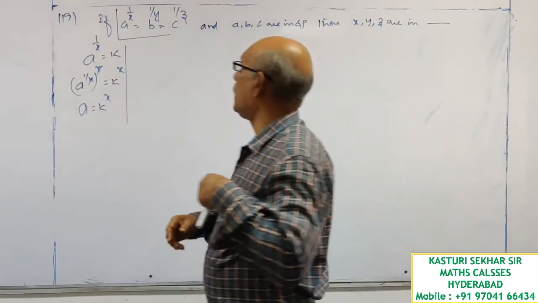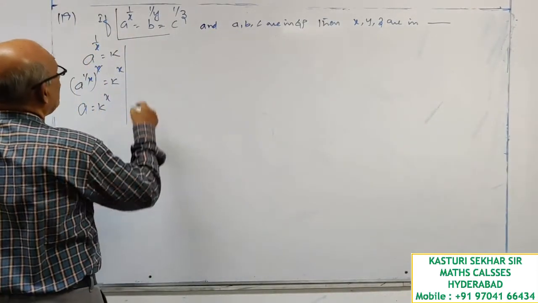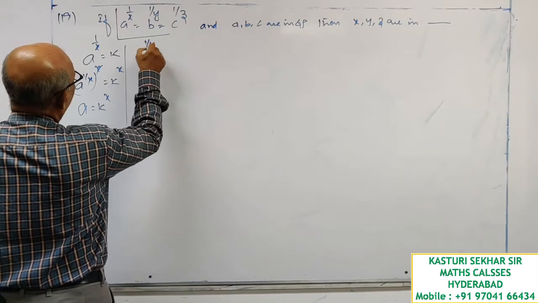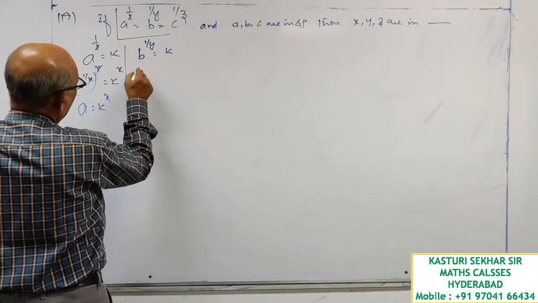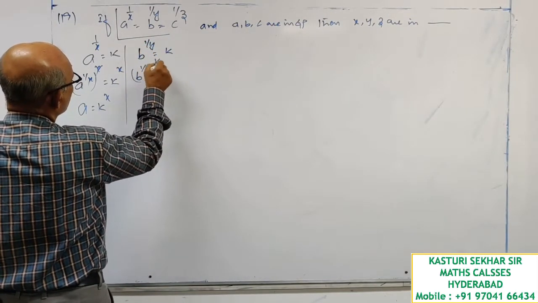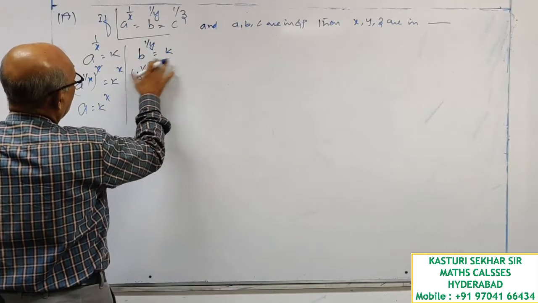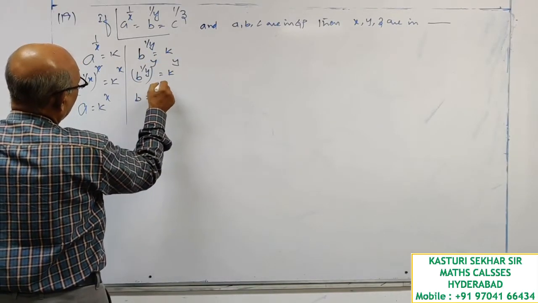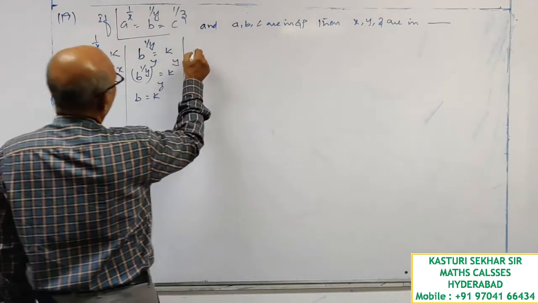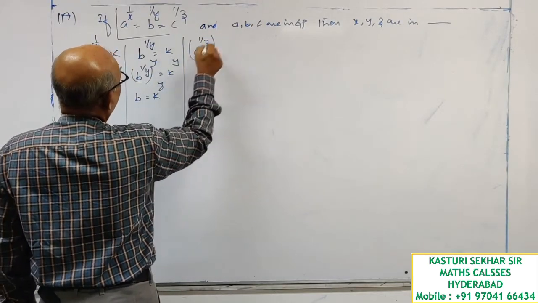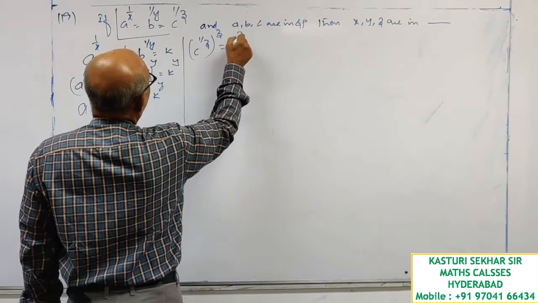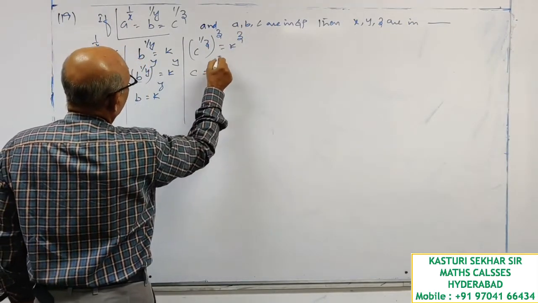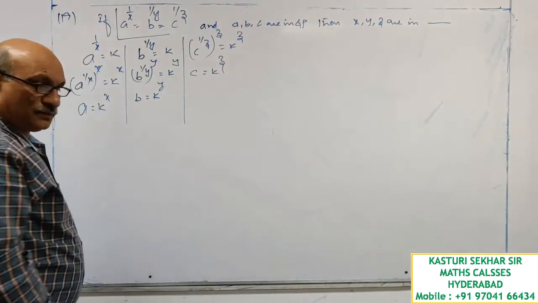Similarly, you can find the values of b and c. b power 1 by y is equal to k; whole to the power y, b is equal to k power y. c power 1 by z, whole power z, c is equal to k power z.